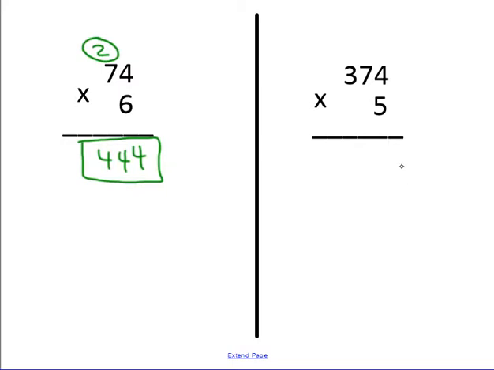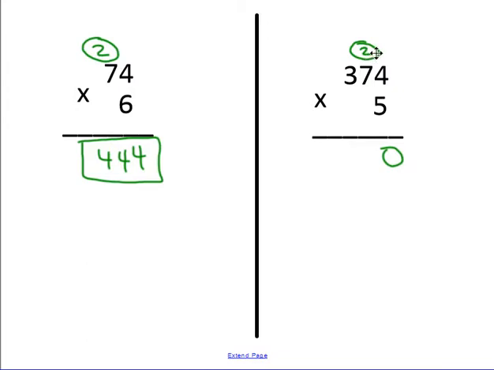Okay, now I'm going to move over here. 374 times 5. And this is called a 3 by 1 because it's a 3-digit number times a 1-digit number. So 5 times 4 is 20. So I carry the 2 and I put my 0 down here. 5 times 7 is 35, plus my 2 that I carried.